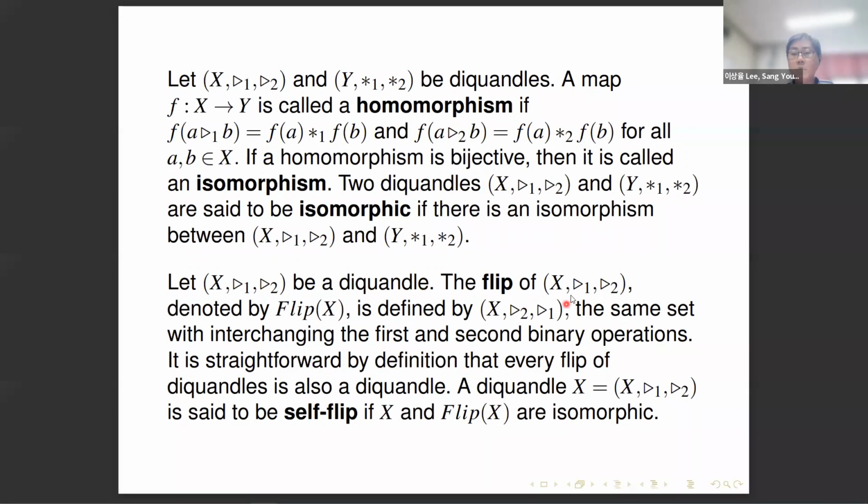The flip of this diquandle, denoted by this, is defined as (X, δ2, δ1). Actually, it changes the roles of the two operations: the same set with the first and second binary operations interchanged. Then by definition, every flip of a diquandle is also a diquandle. The diquandle X is said to be self-flip if X and the flip of X are isomorphic.